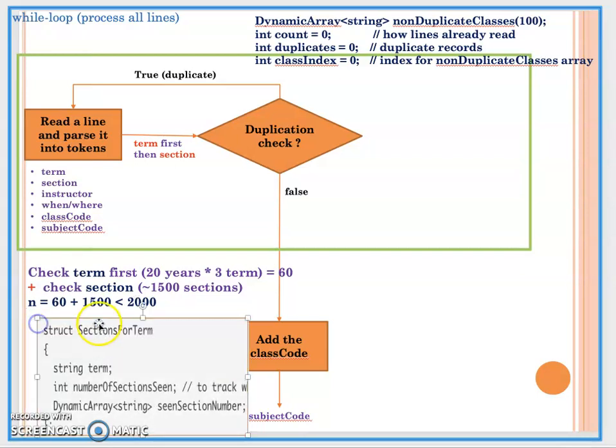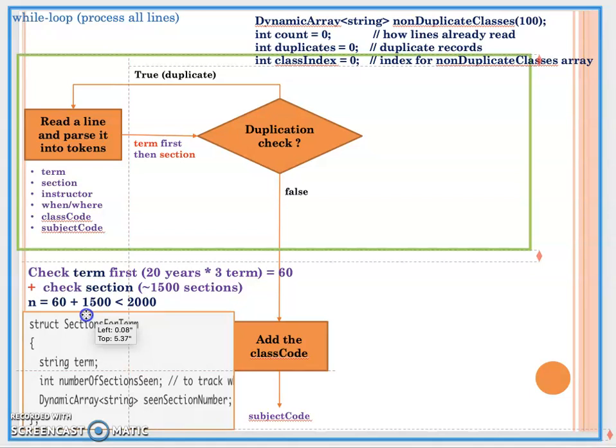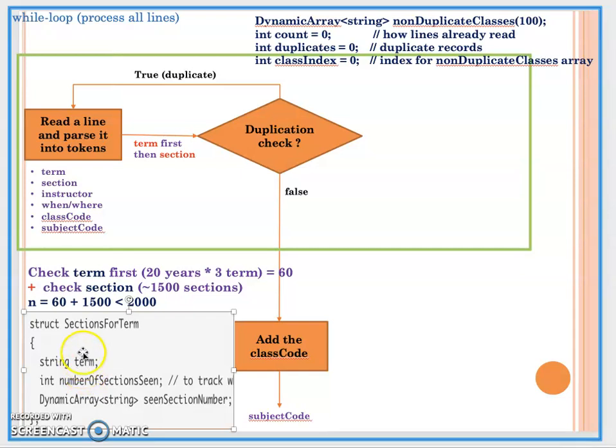Earlier we said we need to find the term first, then find the section, so they need to be grouped in one object. That's why we create another struct called section for term, with the term and the section numbers in an array.